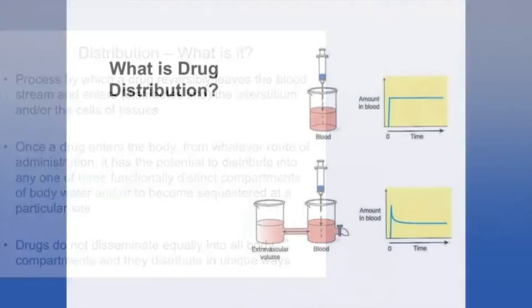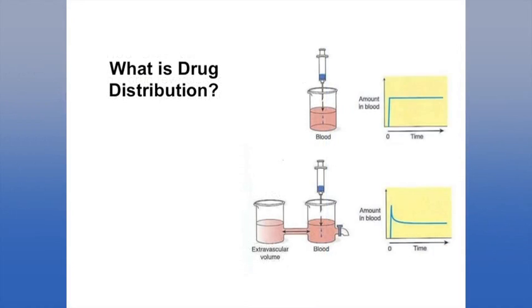So looking at drug distribution using a picture. Up here at the top, we have a schema of an injection going into a container. So we see the entry of a drug into a container that has blood in it, just for simplicity's sake.